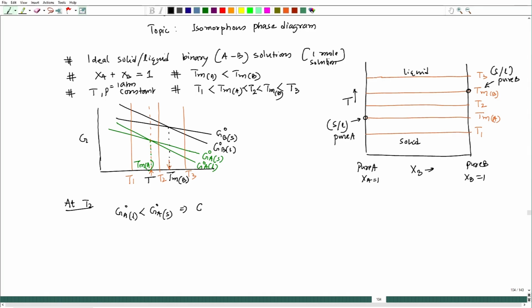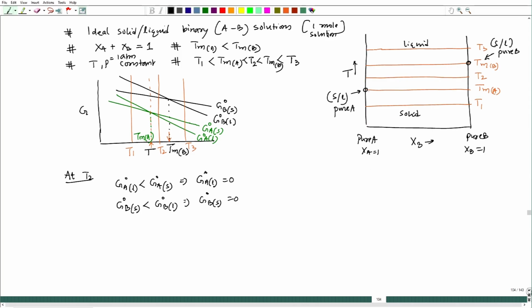So, G A naught liquid should be considered as 0, whereas for B, G naught B solid is less than G naught B liquid. So, I can assign solid to be 0. And remember, we are putting the naught on all cases, meaning it is a standard pure condition at 1 atmosphere, and temperature can be any temperature over this entire G versus temperature plot.